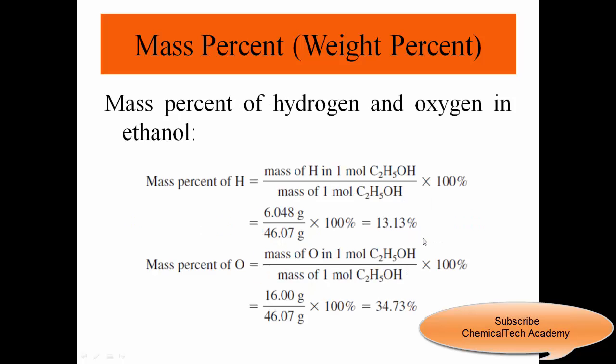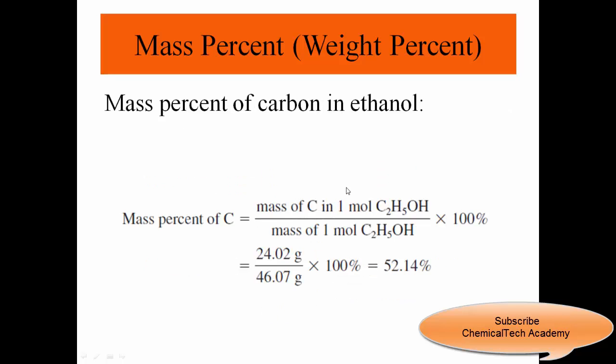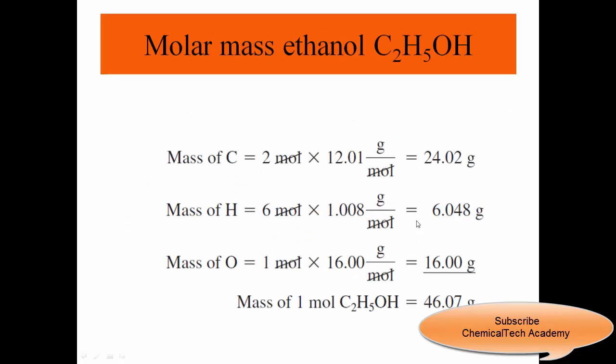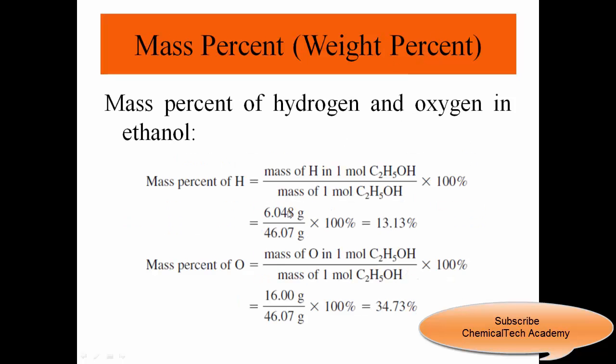Now if you want to find the mass percent of hydrogen and oxygen, we do the same thing. Here we have the mass of hydrogen in 1 mole of ethanol divided by the molar mass of ethanol. If we go back here, for hydrogen we have 6.048 grams in 1 mole of ethanol. So we can say 6.048 grams divided by the molar mass of ethanol, which is 46.07 grams, times 100. So it's going to be 13.13%. The mass percent of oxygen: mass of oxygen in 1 mole of C2H5OH.